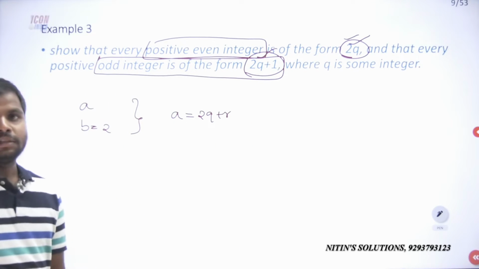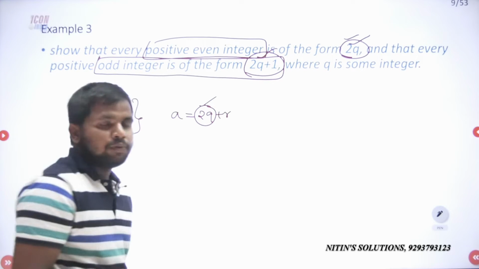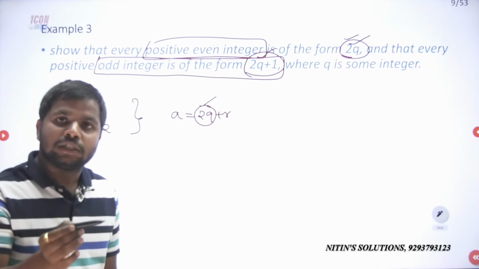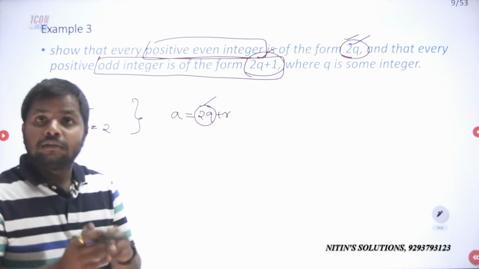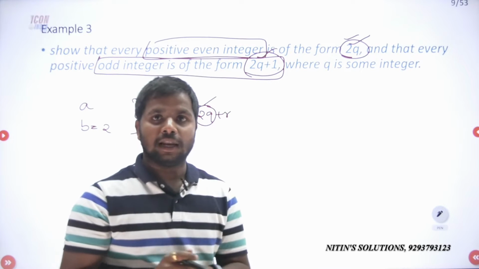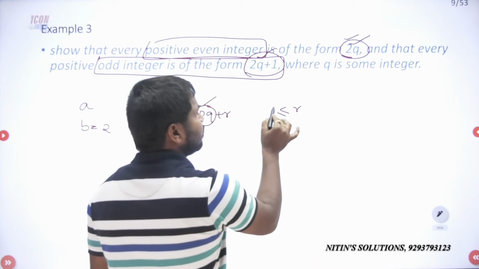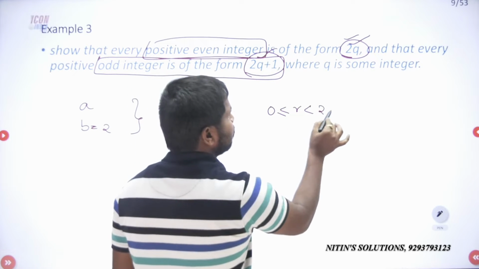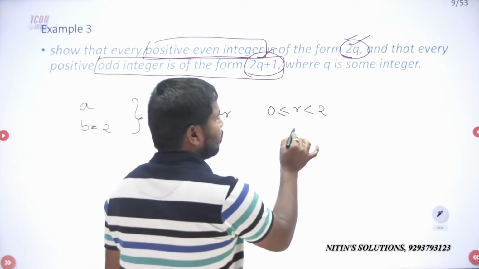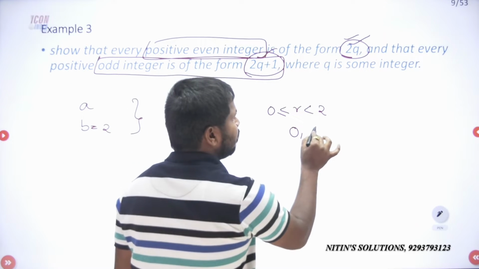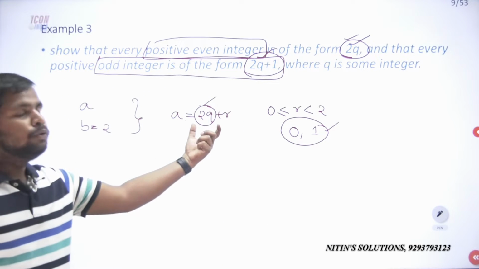Whenever we are dividing by the number 2, the remainder is always greater than or equal to 0 and less than the divisor. That we have already learned in Euclid's division algorithm. So the remainder is greater than or equal to 0 and less than 2. What are the possibilities we have? We have the possibilities 0 and 1. These are the two possibilities we have in the case of 2q plus r.